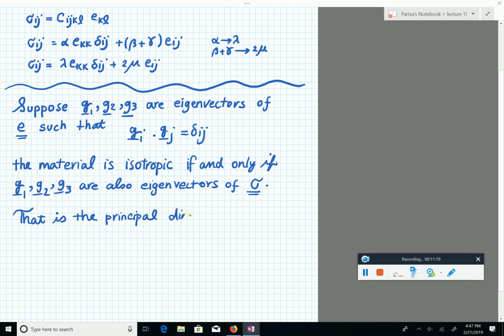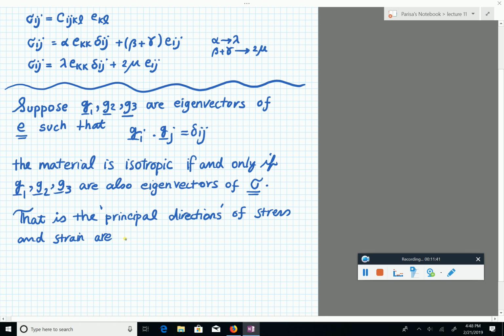And I'm using this term just to make you remember. That's another term for saying the direction of eigenvectors of a stress and a strain are identical.